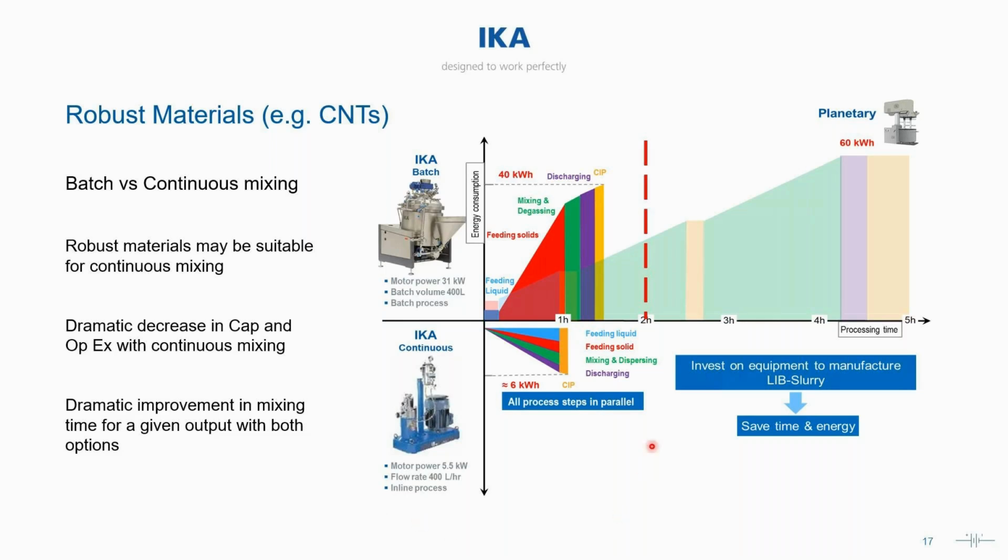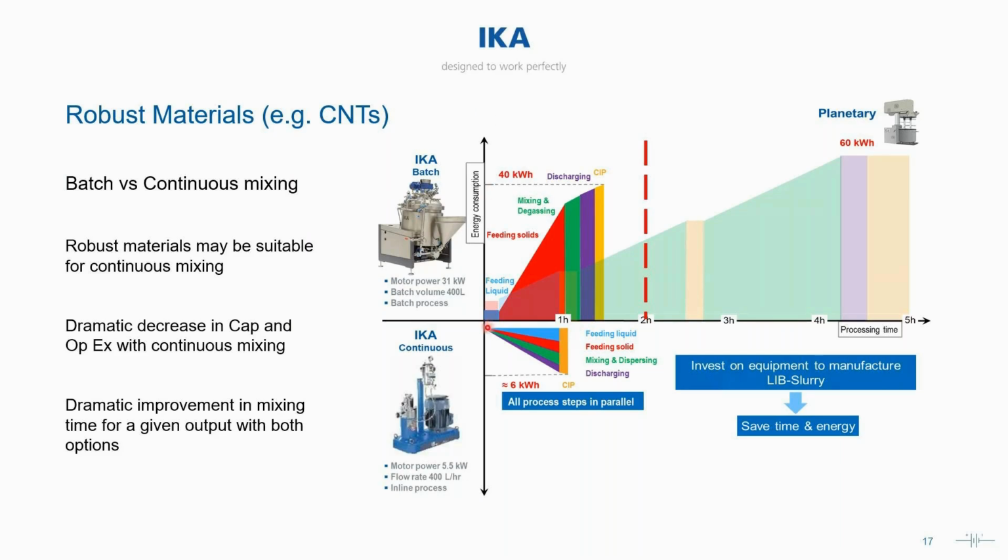You do all of your process steps in parallel. You're feeding liquid, feeding solid, mixing, and discharging simultaneously. And this leads to a decreased energy consumption by about 7-fold and a decreased cycle time, again, as low as 1 hour.